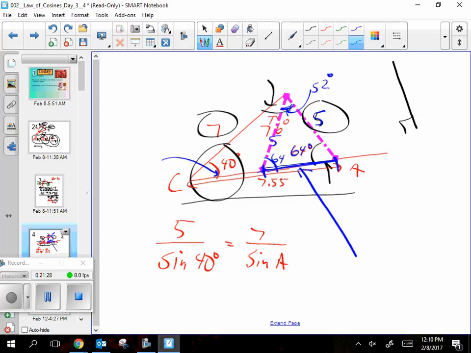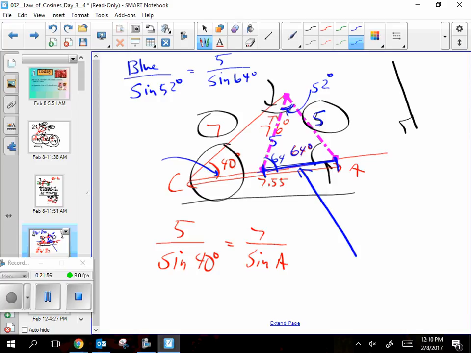Then I can set up my law of sines and go, this unknown blue distance, I'm going to call it B for the blue distance, over sine 52 is equal to 5 over sine 64. All said and done, how long is the blue?